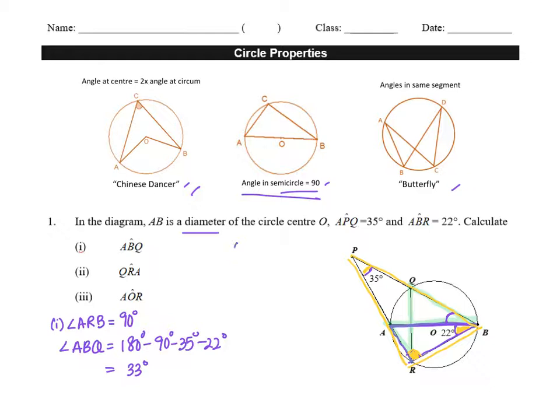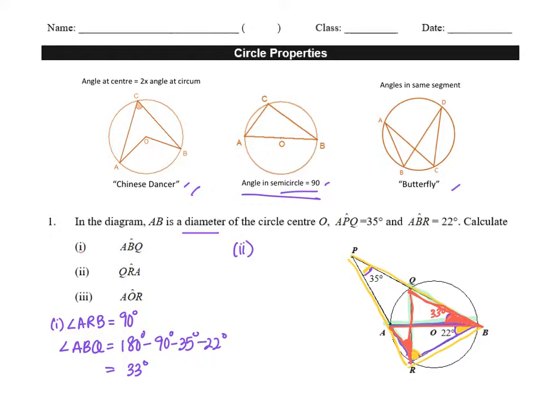Now number 2, QRA. Now I found my important information. This is 33 degrees and they want me to find angle QRA. Do you see the butterfly? So according to property number 3, angles in the same segment are equal.